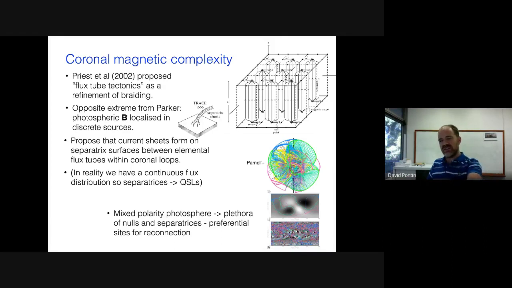They still consider a case though where we have all one polarity on one boundary and all the other polarity on the other boundary. When we include the mixed polarity of the photosphere, we have a whole plethora of nulls and separatrix surfaces everywhere, and these can also be host sites for reconnection and for heating.